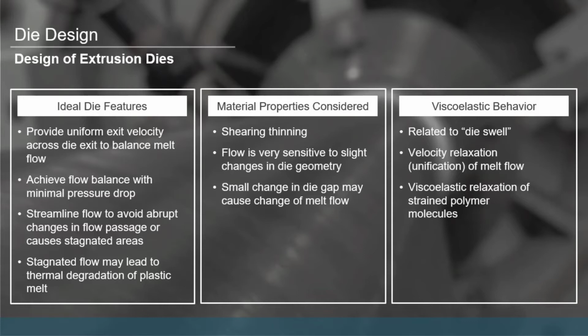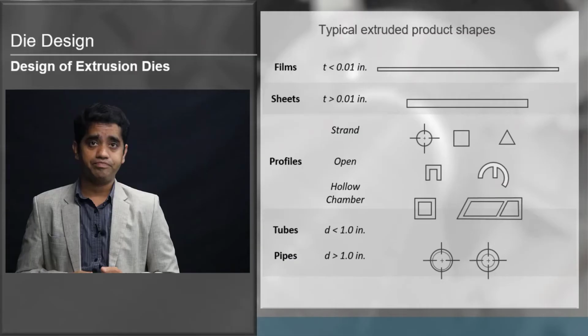So understanding the overall viscoelastic properties of the polymer. If it is a standard polymer like polypropylene, polyethylene, ABS, and nylons, which are very common and widely used, material considerations are already well established, so all you have to do is refer to the literature. But if you're developing a new material system, then you have to understand this whole map and accordingly make informed decisions in terms of the die designs.